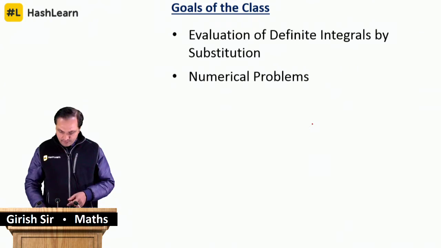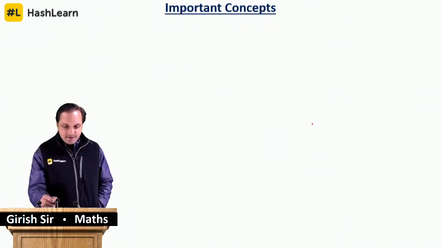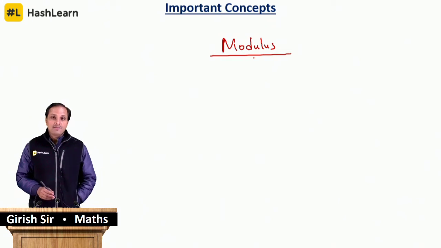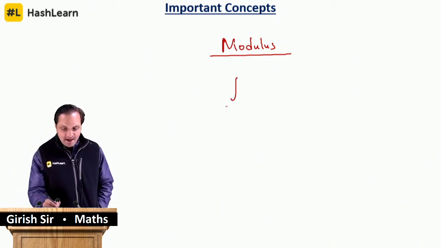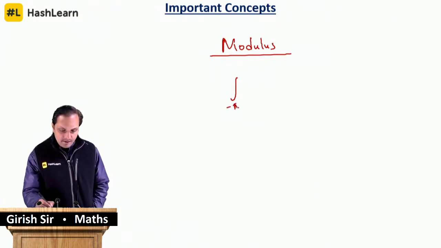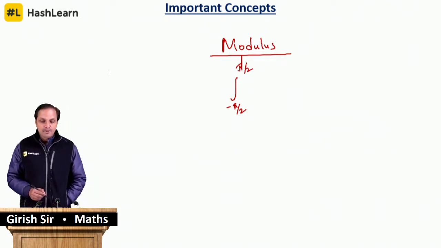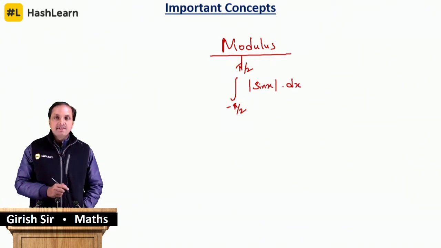I would like to explain one concept, a concept called modulus. How will you integrate when you have something like minus pi by 2 to plus pi by 2 of mod sin x, which is inside the mod?